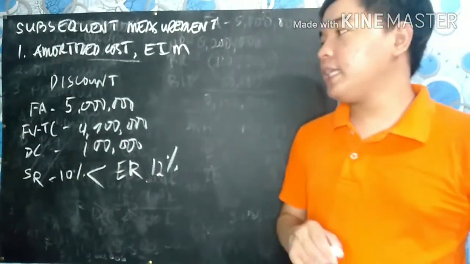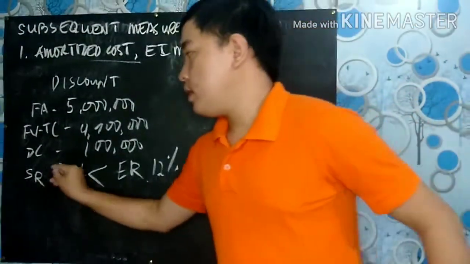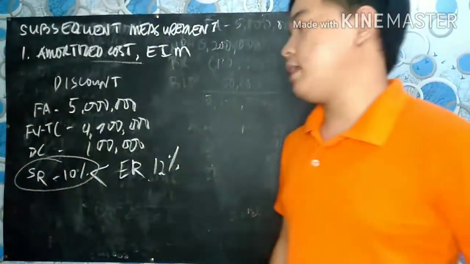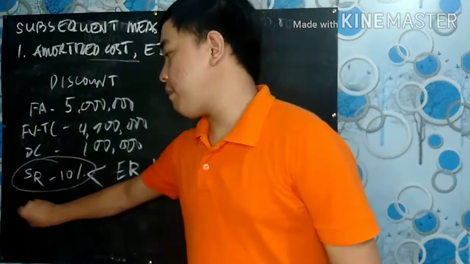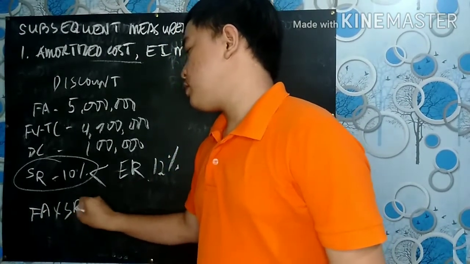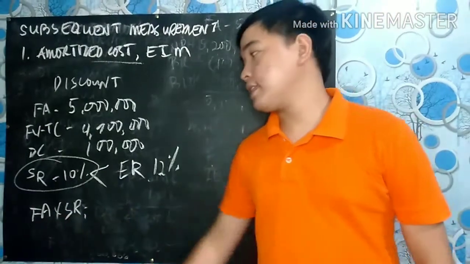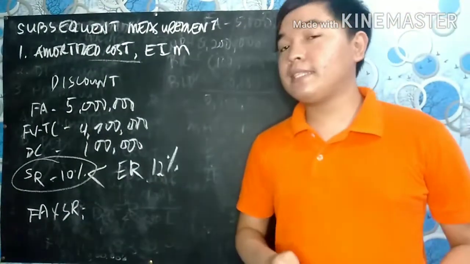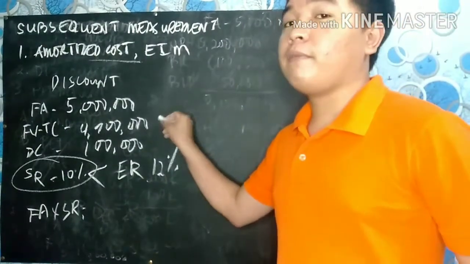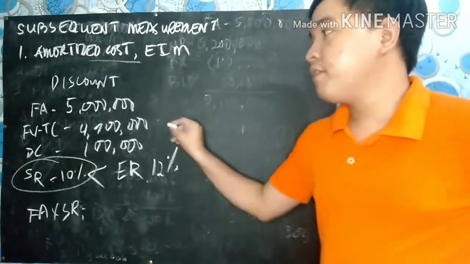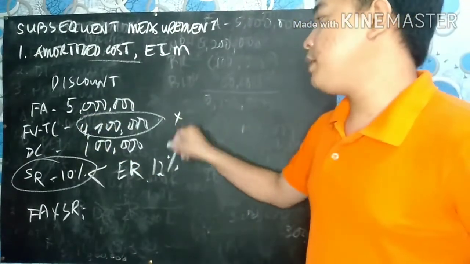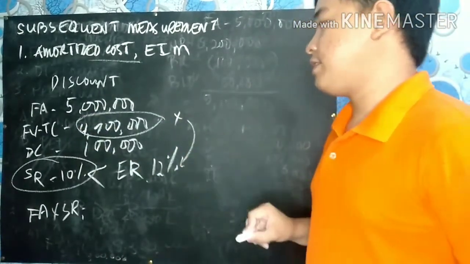Sa pag-compute ng interest expense, nababayaran natin interest expense, gagamitin natin yung stated rate. Paano yon? So, face amount multiplied by stated rate. So, ito yung payment natin for interest expense. Pag amortization naman po, ang basis natin, of course, is yung present value or yung fair value less transaction cost. Ito yung basis natin. I-multiply natin dito sa effective rate.